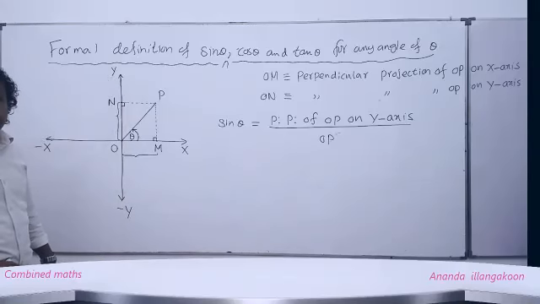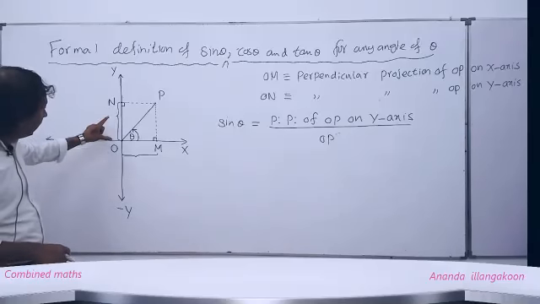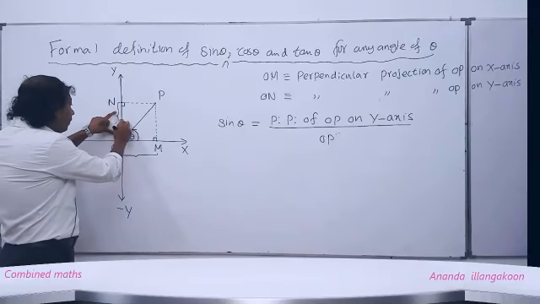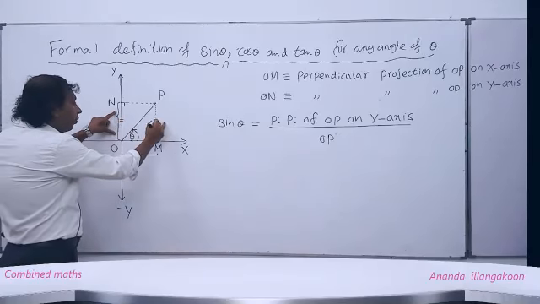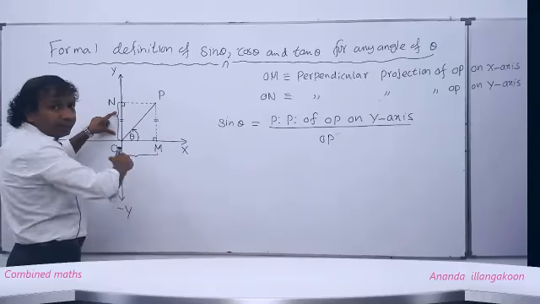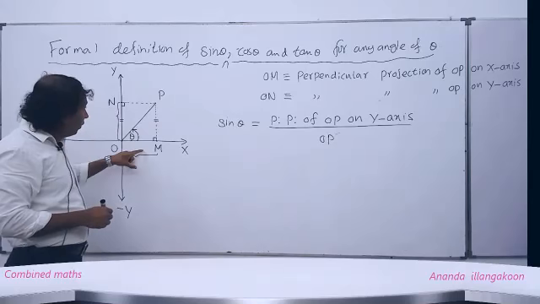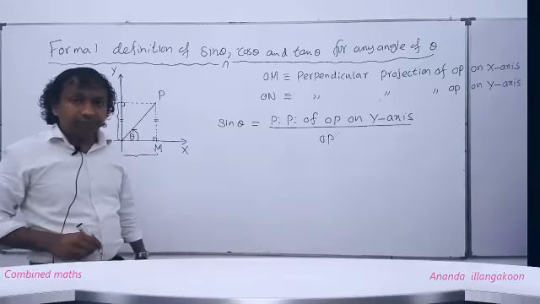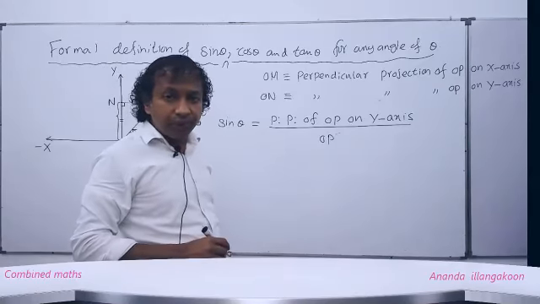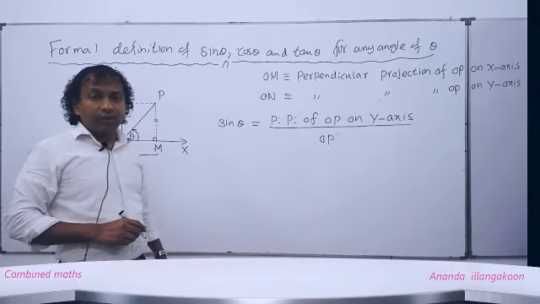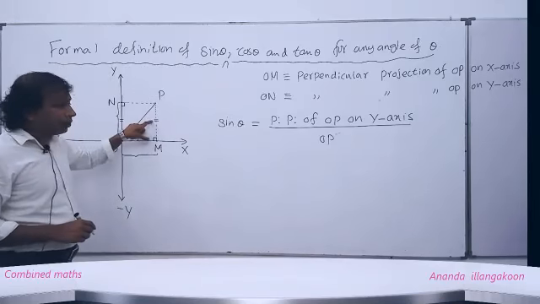In this case, you can very simply understand that ON is equal to PM, no? Because OMPN is a rectangle, and in a rectangle the opposite sides are equal.